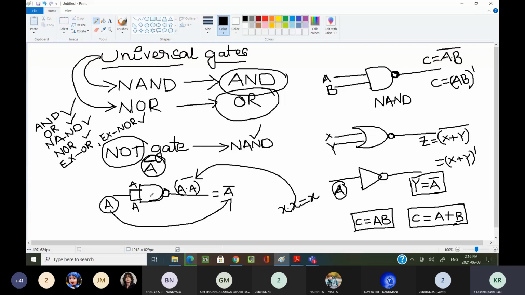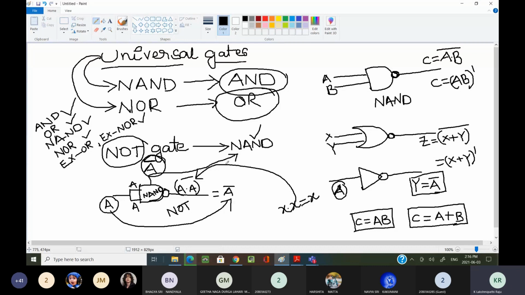That means this NAND gate is acting as a NOT gate. The operation it is performing is the NOT operation, designed by using one of the universal gates, the NAND gate.